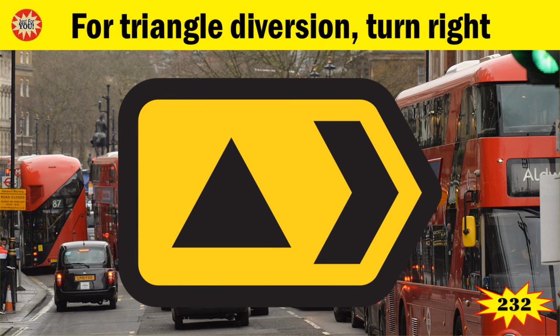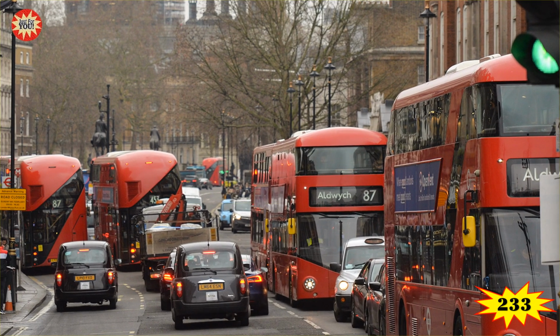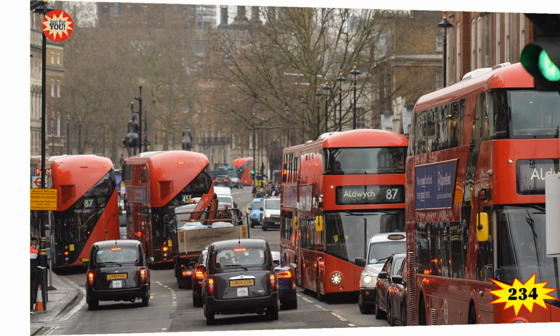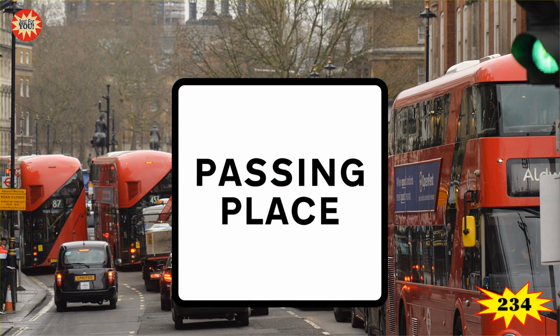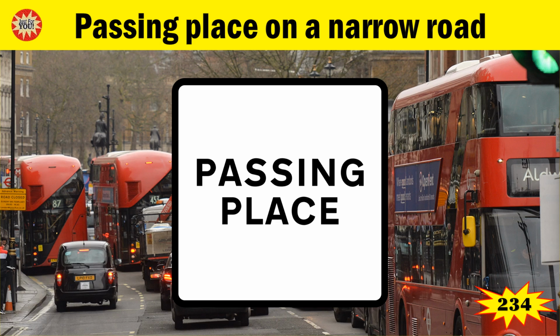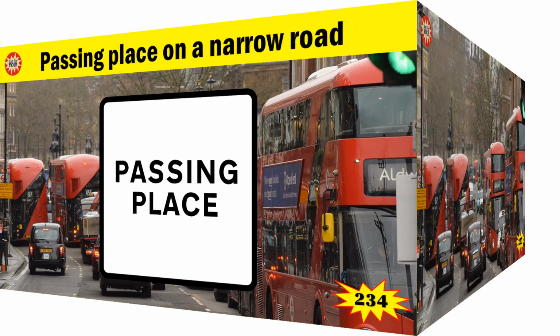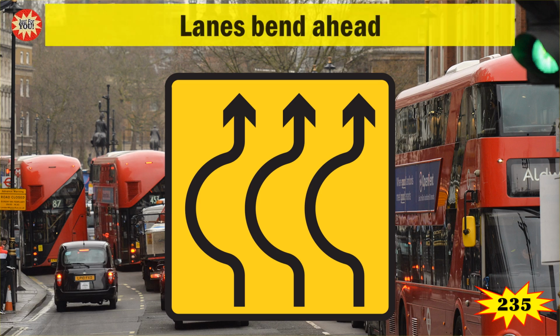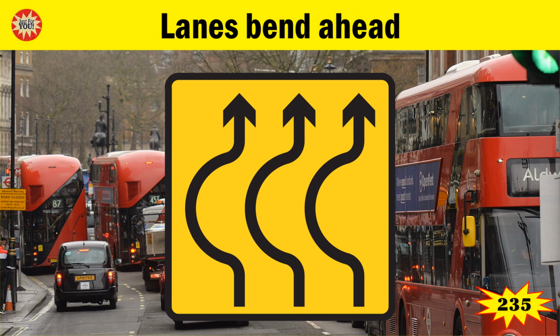For triangle diversion, turn right. Diversion sign on minor roads or for road works starting to left. Passing place on a narrow road. Lanes bend ahead.